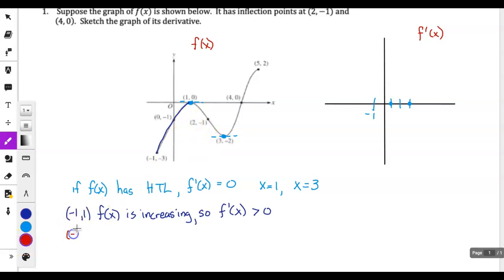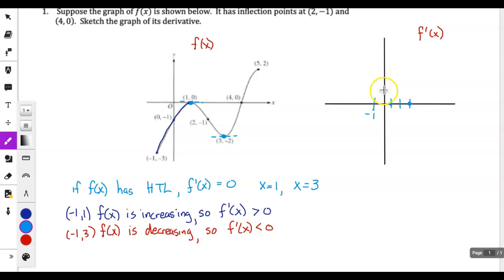Well, from -1 to 3, the original is decreasing. So the graph of the derivative is going to be negative on that interval. Maybe we can just put some marks.